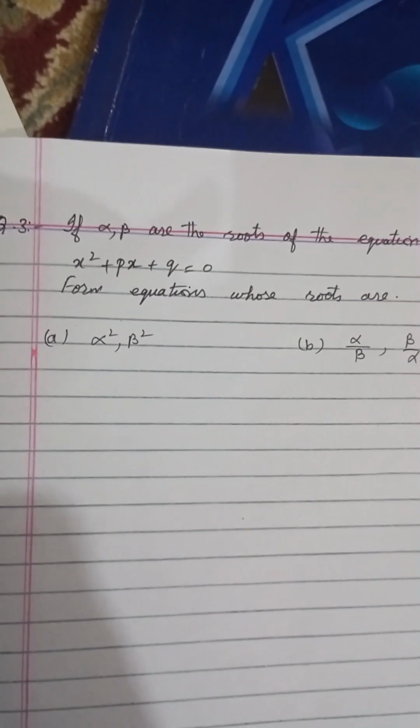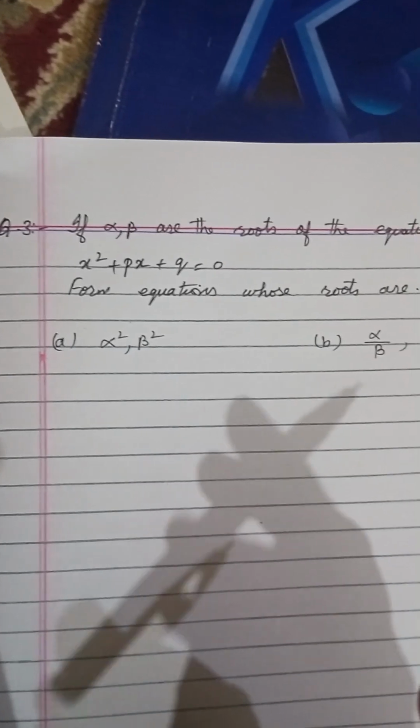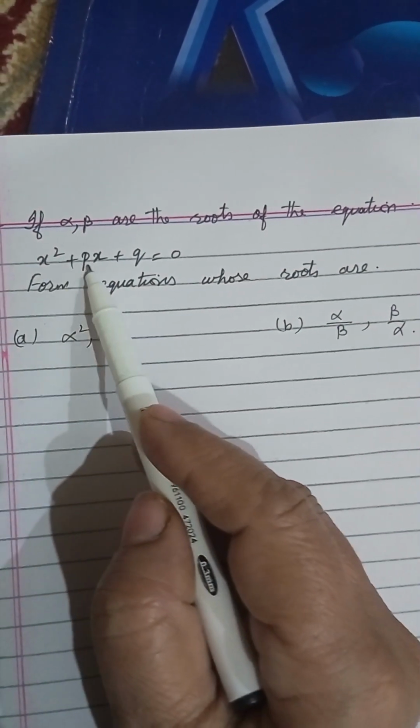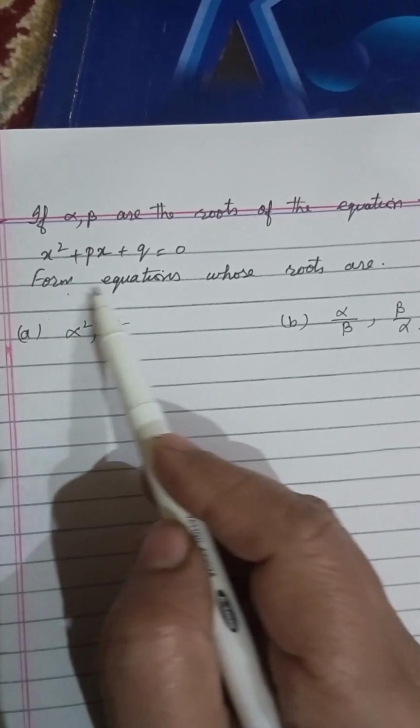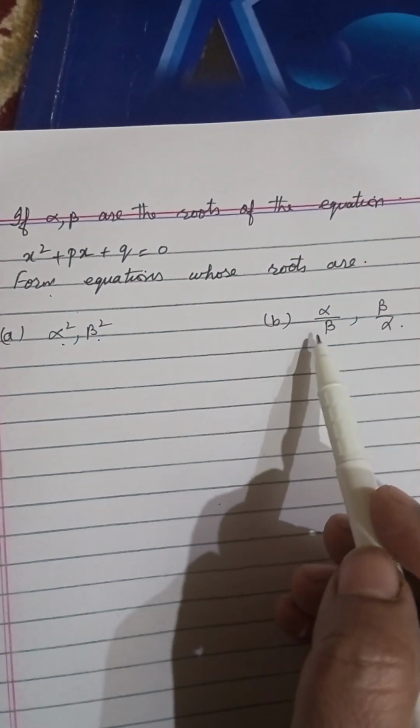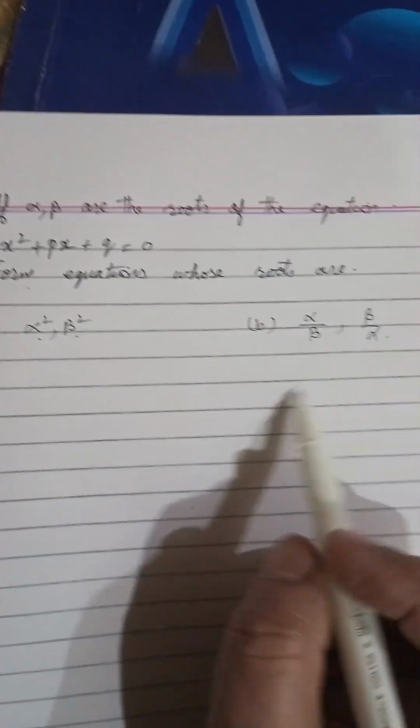Question number 3 of exercise 2.5, class 10. If alpha and beta are the roots of the equation x² + px + q = 0, form equations whose roots are (a) alpha square and beta square, and (b) alpha over beta and beta over alpha.